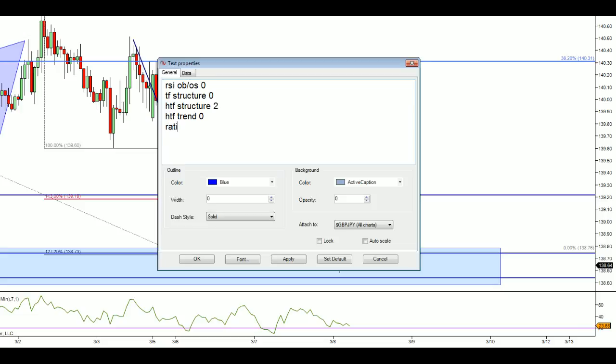So we've got ratio confirmation, AB equals CD completion, advanced pattern, double bottoms, double tops, RSI divergence, and 2618.